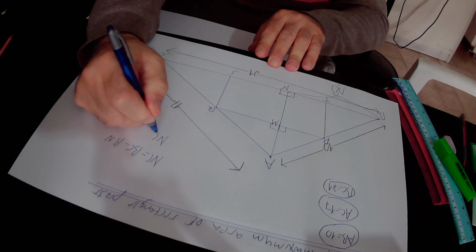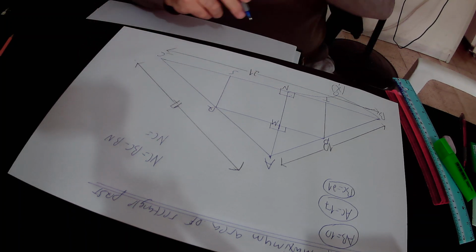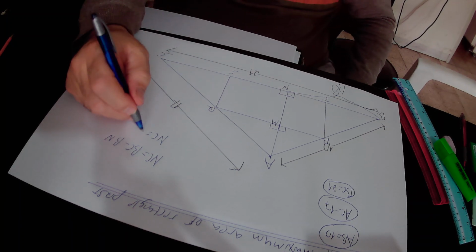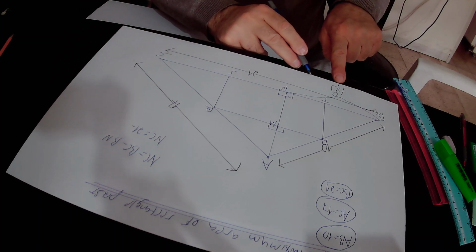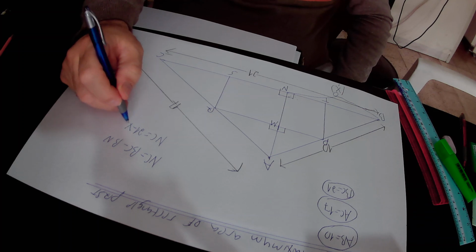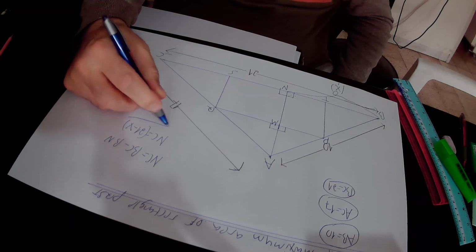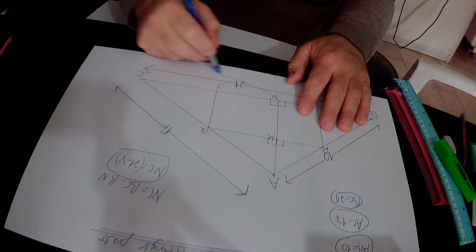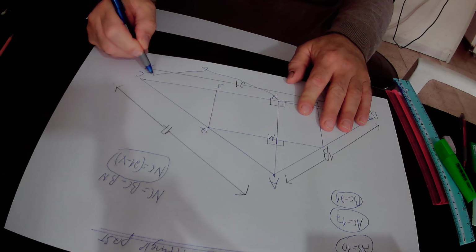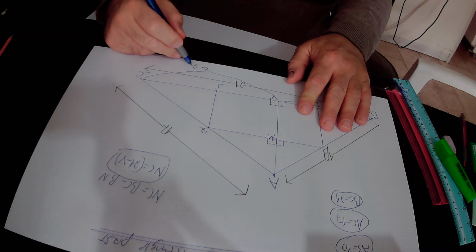So NC equals BC, that is 21 units, according to what is given in the question, minus BN. BN equals X, according to our definition. So in total, NC equals 21 minus X. This line segment NC equals 21 minus X units in its length.